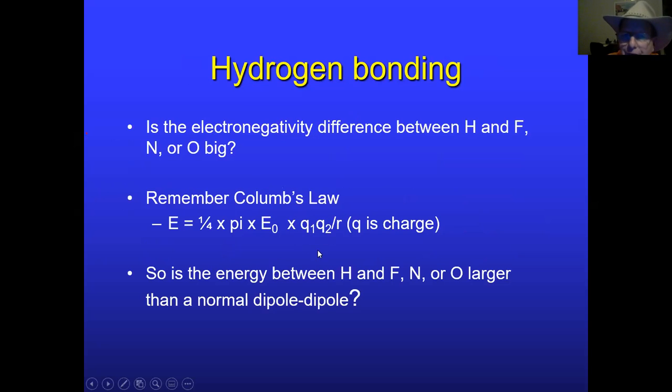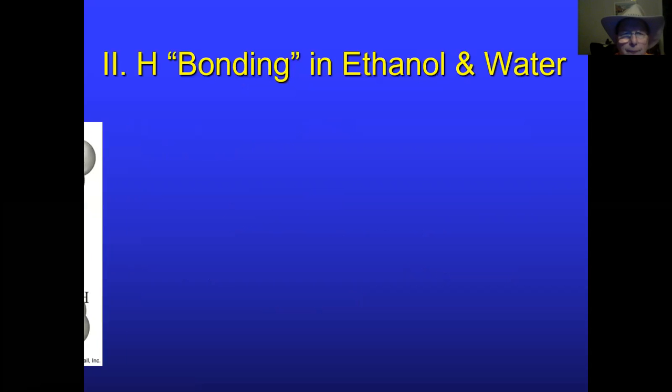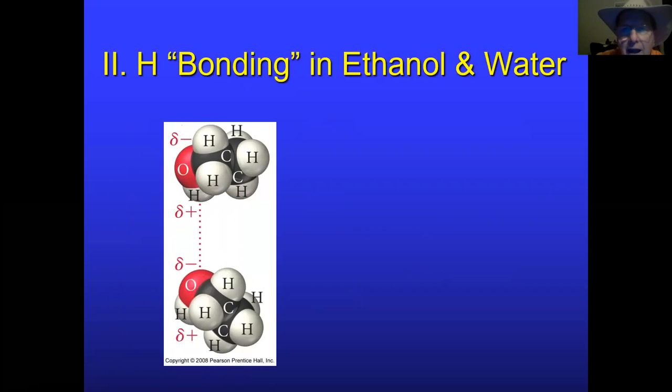For hydrogen bonding, the charges are much greater. Therefore, because the charges are greater, the energy between H and F, N, or O is going to be larger than a normal dipole-dipole situation. Again, you need to have hydrogen next to oxygen, fluorine, or nitrogen.